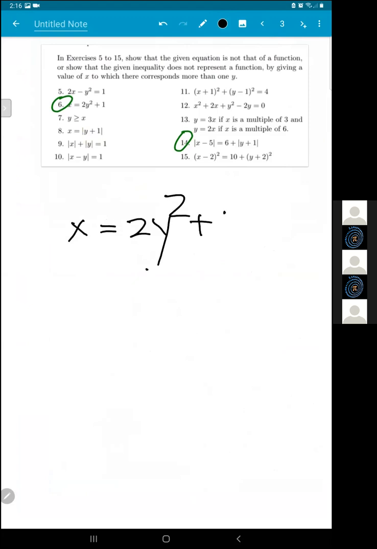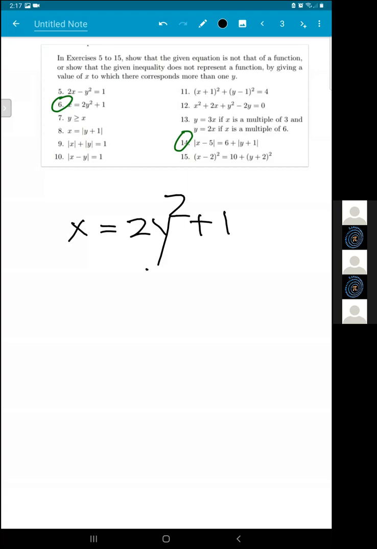How do we show or how do we prove that this equation is not a function but just a mere relation? All we have to do is exhibit an x value, just one x value, for which there correspond two different y values.